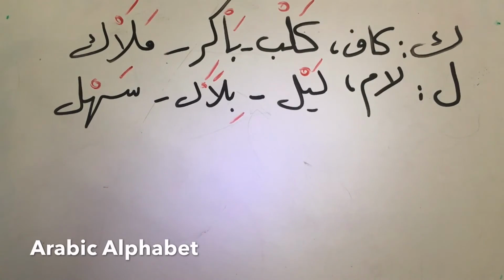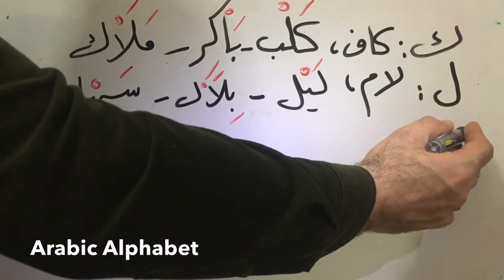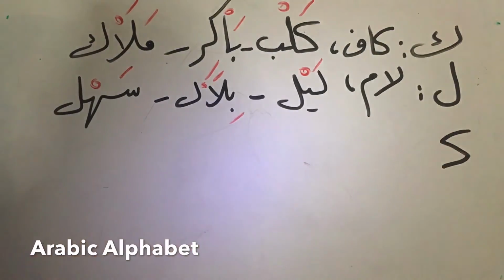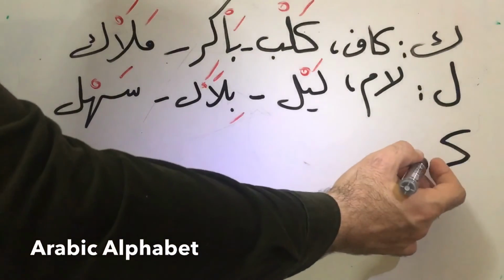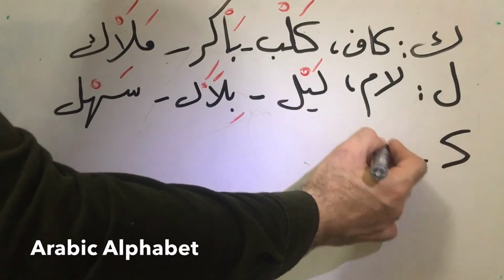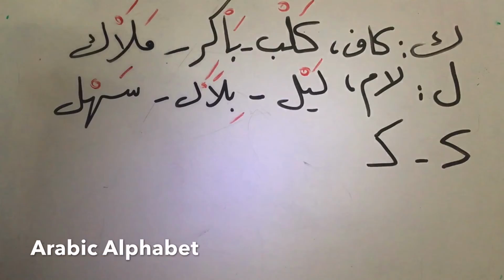If we want to know how to write these two letters in the right way, kaf in fact has different ways of writing. At the beginning of the word, it is like this way, or sometimes we write it in this way.